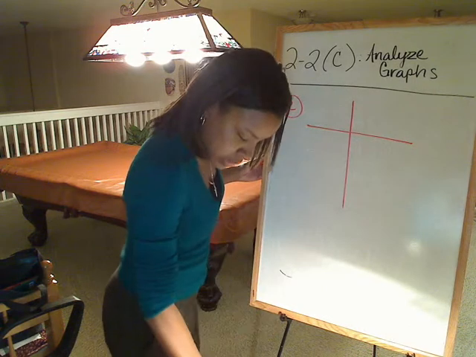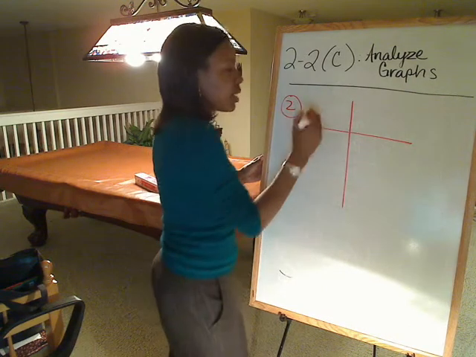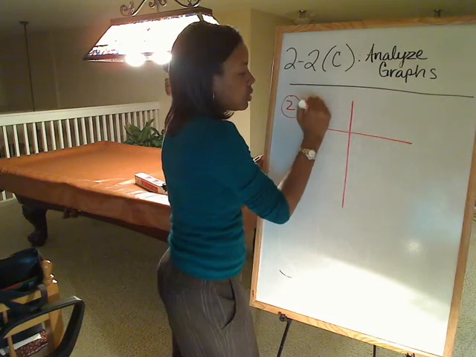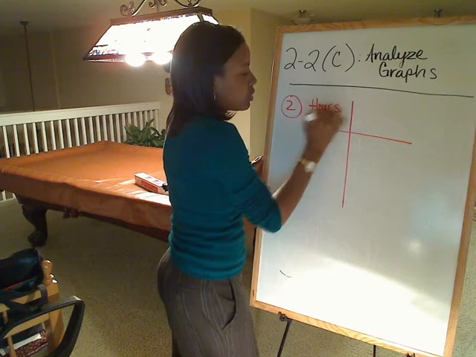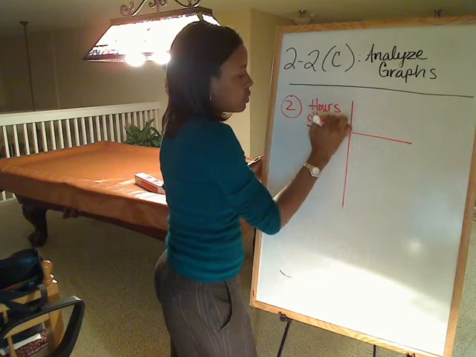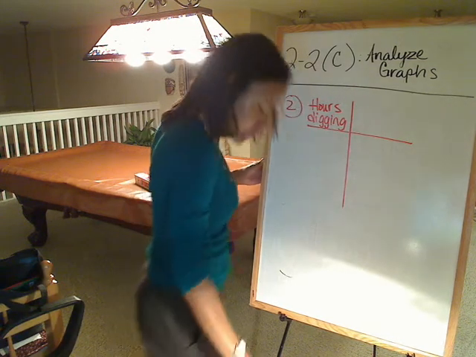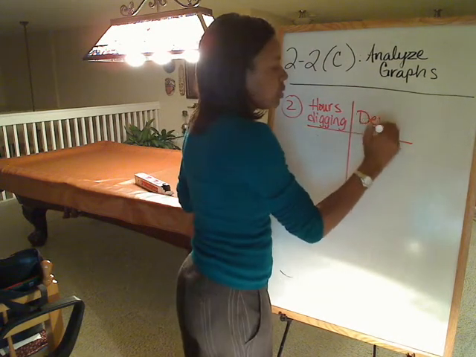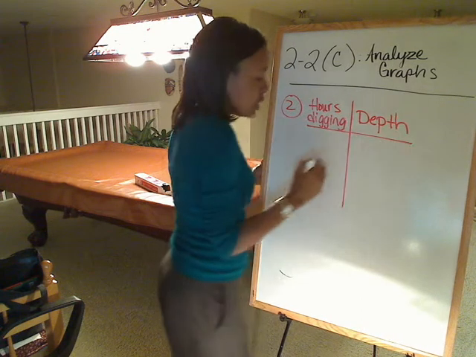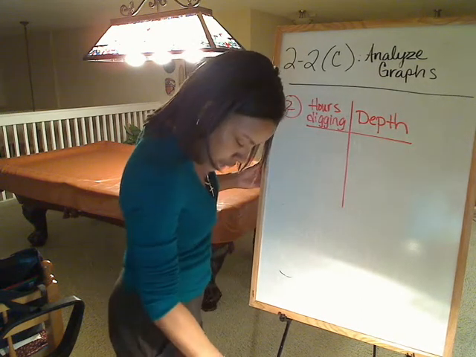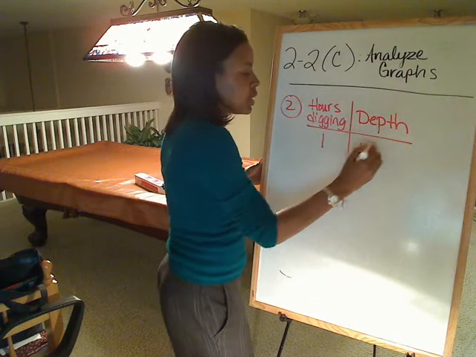And the x-axis is the time digging or the hours. So I'm going to put hours digging. And the y-axis is the depth in inches. So after 1 hour, they dug 18 inches.